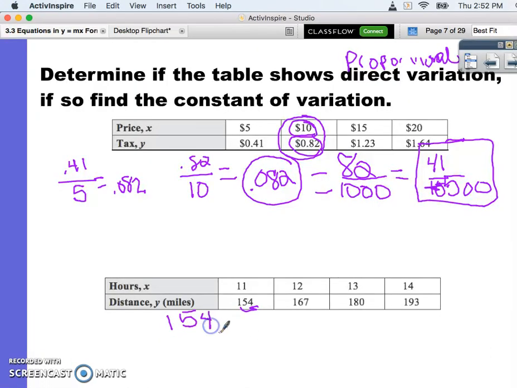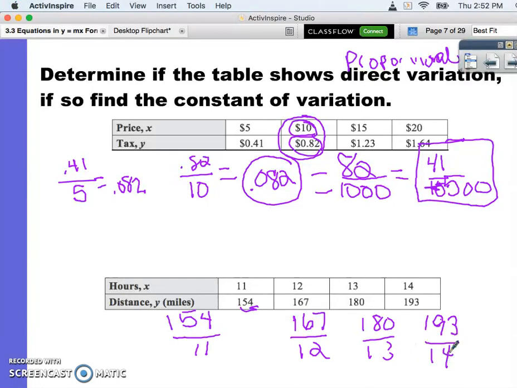So 154 divided by 11, 167 divided by 12, 180 divided by 13, 193 divided by 14. 154 divided by 11 is going to get me 14. 167 divided by 12 is going to give me 13.9.